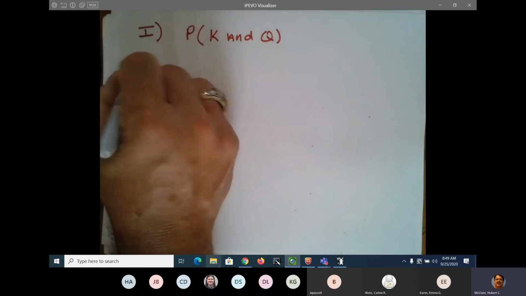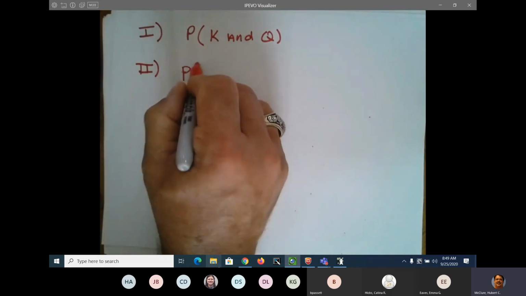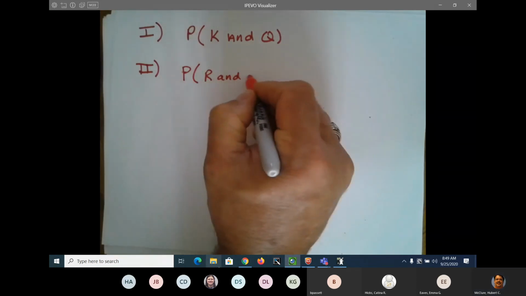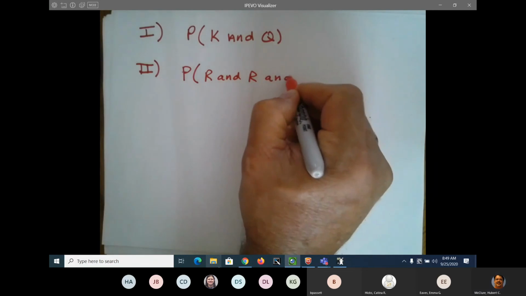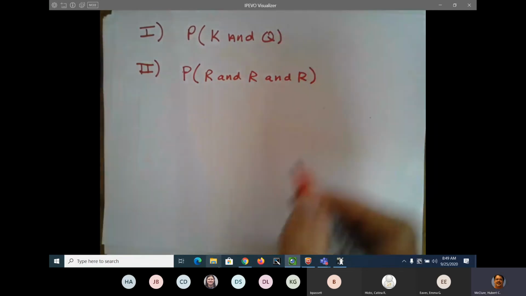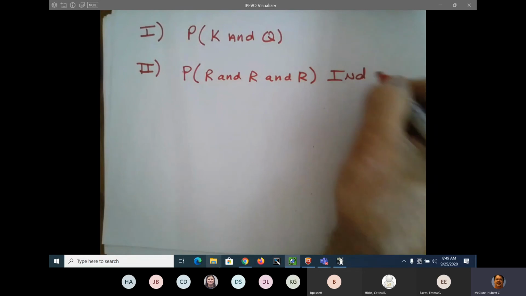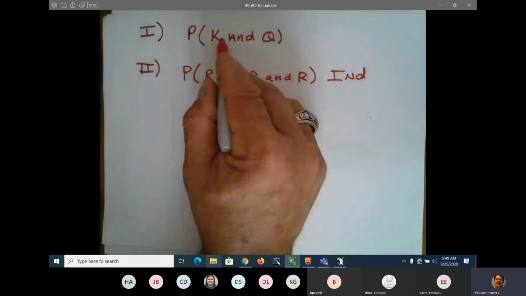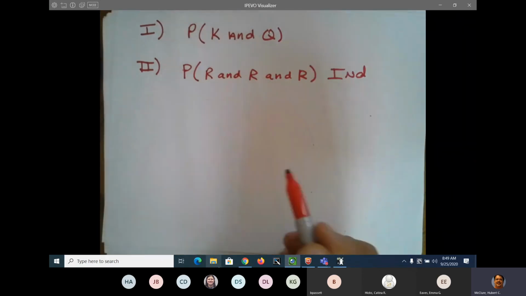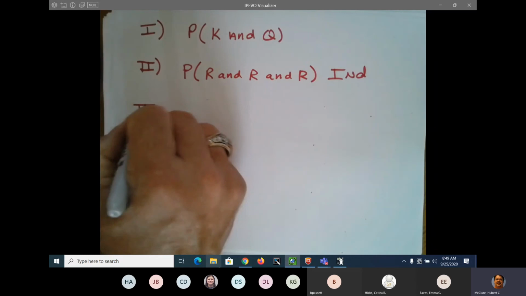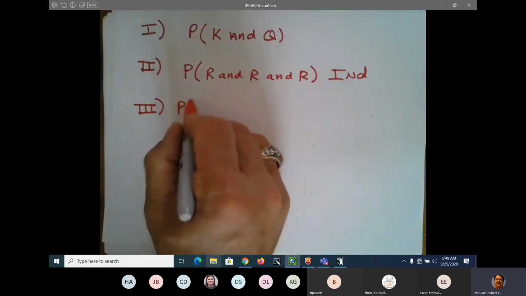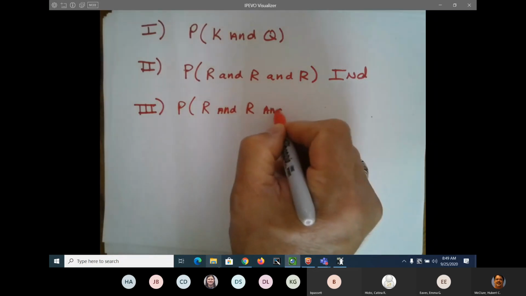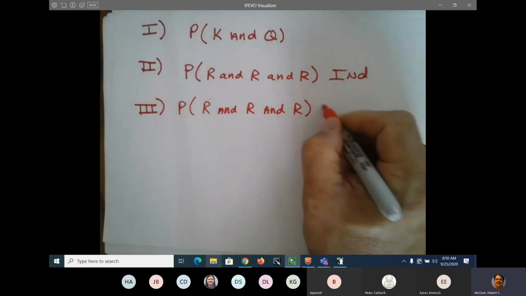The second type question is going to be the probability of red and red and red. In other words, what is the probability of picking 3 colors back to back? These are the same back to back. And then, of course, the third one will be the same question, probability of 3 colors, except this time it's dependent.